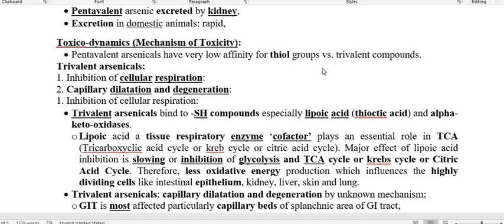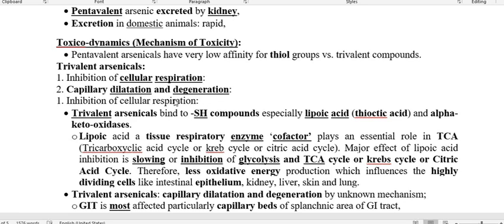So arsenic is going to produce inhibition of cellular respiration occurring in the mitochondria, and it also produces capillary dilatation and degeneration.